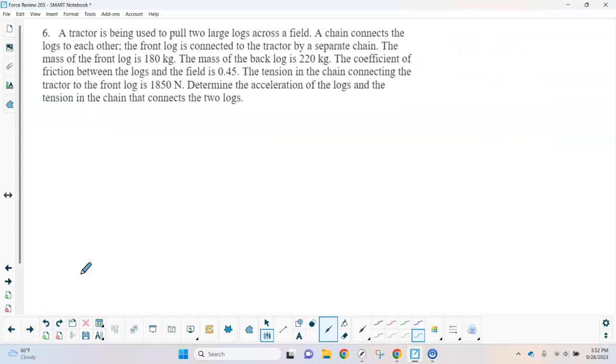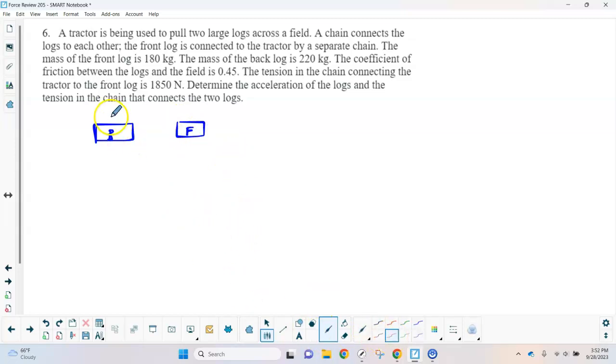It says a tractor is being used to pull two large logs across a field. A chain connects the logs to each other. The front log, so I'll draw the front log and the back log. I'm going to say B for back and F for front.